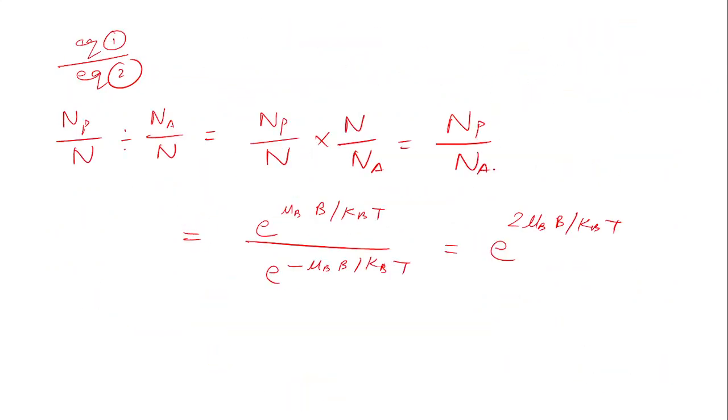That means Np by Na is 2, because Np is 2 times Na, as given in the question.